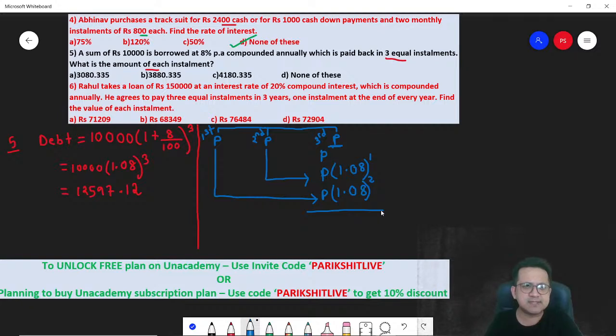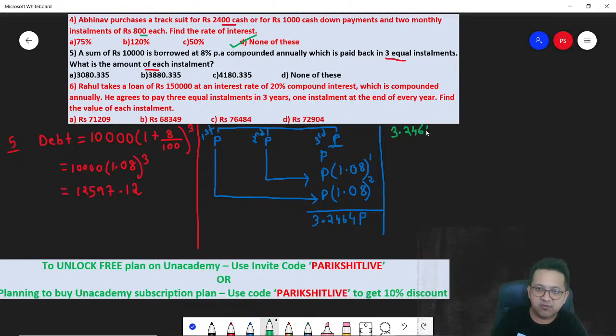So how much is this? Please calculate, add them up. 1.08 whole square plus 1.08 plus 1. How much is this? This comes out to be 3.2464p if you add. This is your total amount that has been returned. 3.2464p must be equal to your total debt.